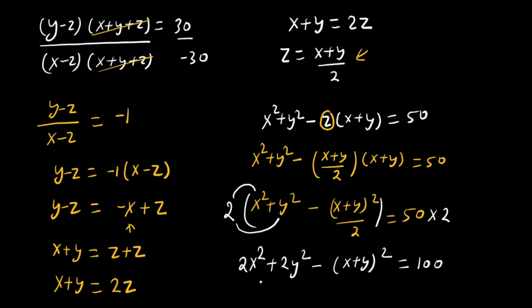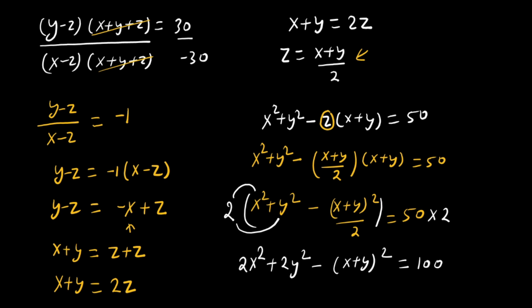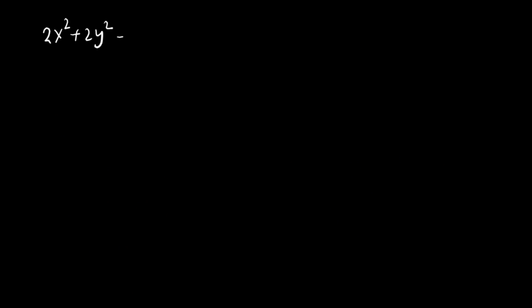Now 2 times x square plus 2 times y square, and here minus x plus y whole square, and we know the algebraic identity of x plus y whole square is x square plus y square plus 2 times xy, and this is equal to 100.